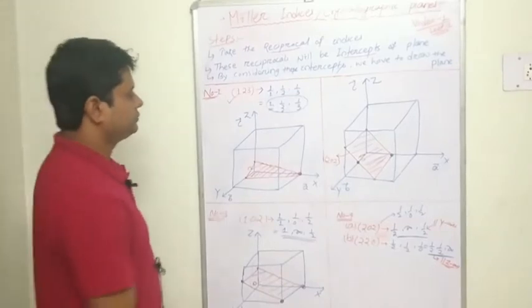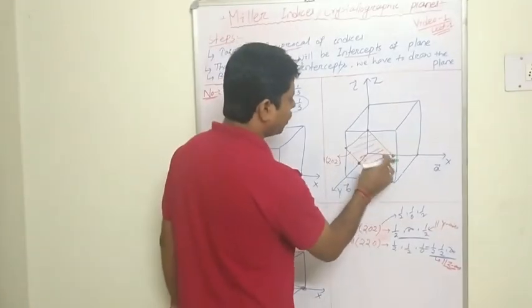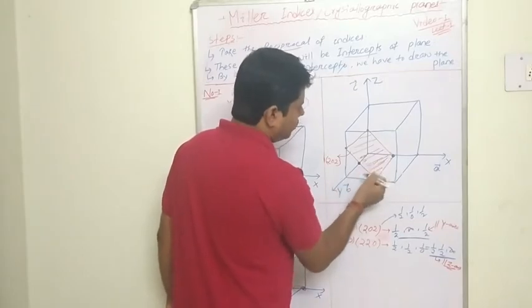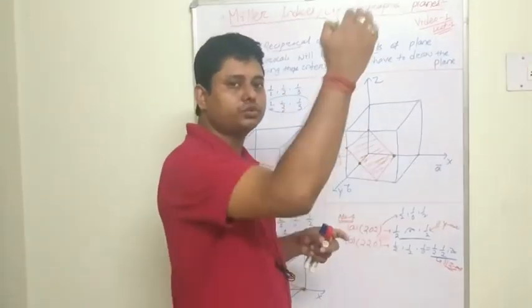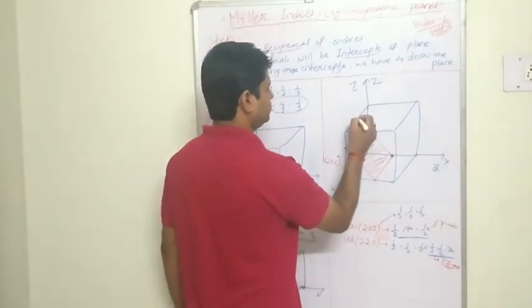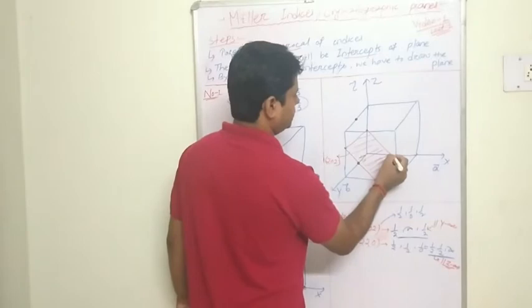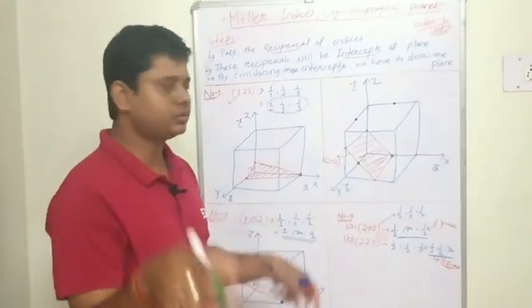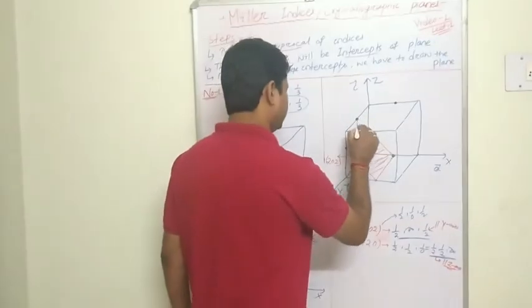As there are 2 points on this plane at the bottom plane, hence we have to consider another 2 mirror points on the top plane. Top plane means here. It will be here. So now we have to join the 4 points.